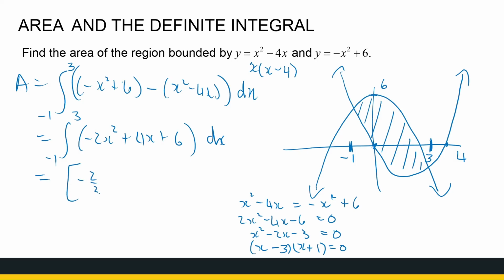That's minus 2 over 3 x cubed plus 4 over 2, so 2x squared plus 6x between 3 and minus 1. And yet again, do some calculator work. And you should get 64 over 3. You can just check that with your calculator, but that's how you do it. So that's area and the definite integral. Takes a bit of work, but that's how we get there.